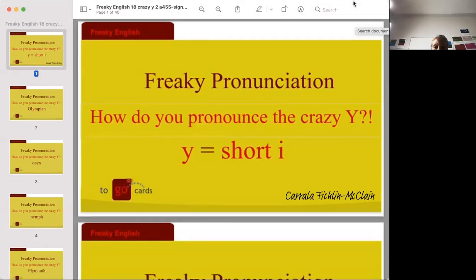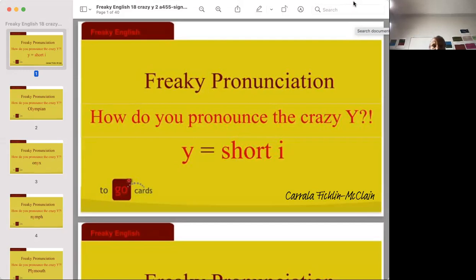Okay, there we go. So we're looking at the Y, and here we're looking at freaky pronunciation. You know, how do you pronounce the crazy Y? But this time the Y is the short I sound. Now you know that the I, because we looked at this before, has more than one sound.